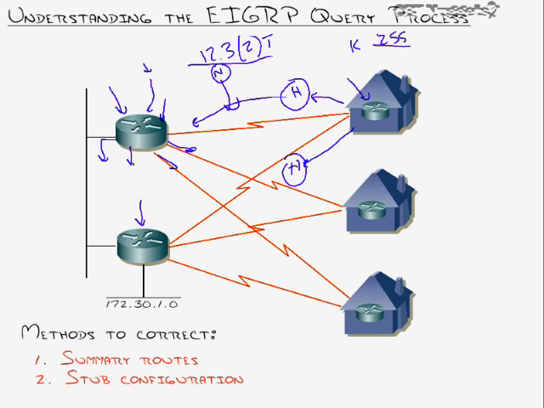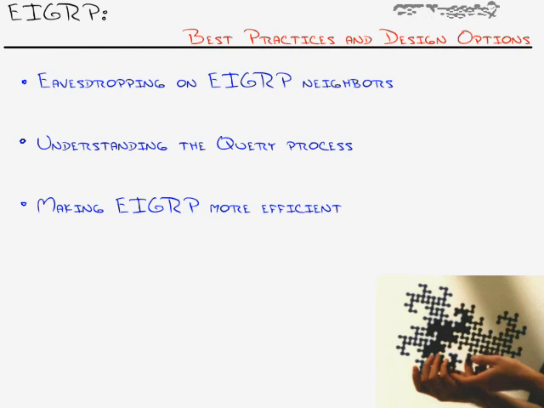Immediately, this one tries to find backup paths rather than waiting the 10 to 15 seconds that the typical hold down timer would result in. By using all of those features in conjunction, you can see that we can make EIGRP run much more efficiently than the default.